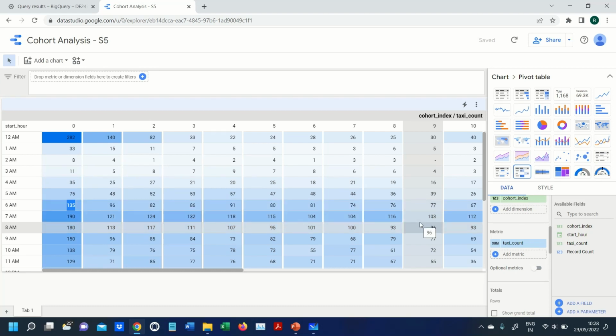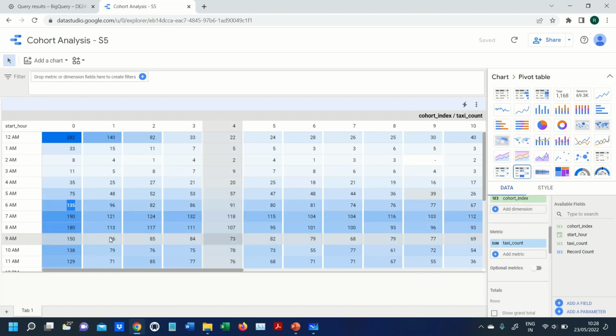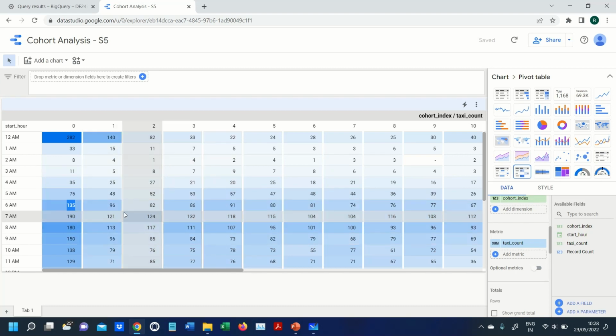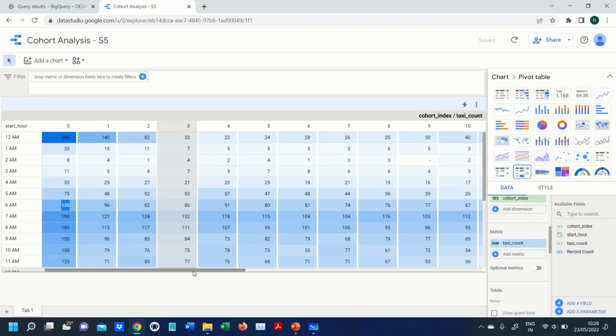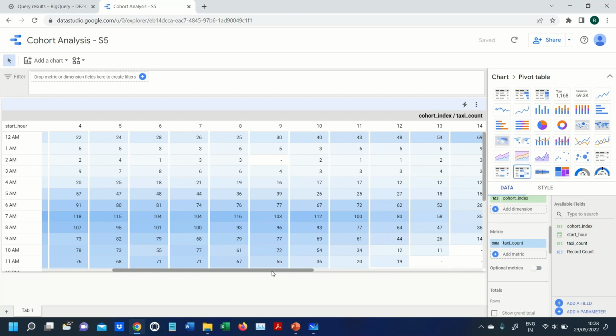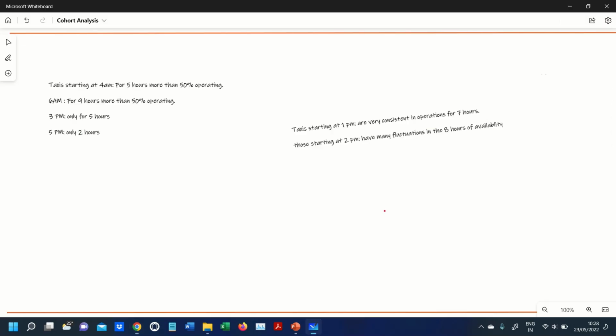That means the drivers, the chauffeurs, I mean the fleet here is more productive, with more availability if they start then. Maybe they're more energetic or more demand is there. They're meeting that, and after 9 hours the availability started declining.